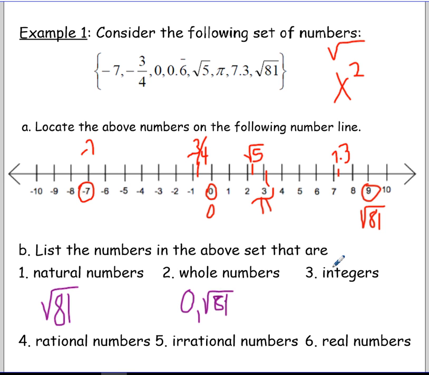When we have our integers, adding to that, we're adding the negative numbers that are like negative counting numbers. And so that adds -7 to our list. And remember, the list of integers includes the list of whole numbers and the list of natural numbers. And so we have our 0 and our square root of 81 already for integers, but we're going to put our -7 up front just to keep them in order.